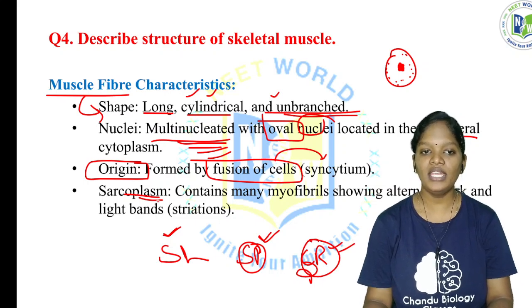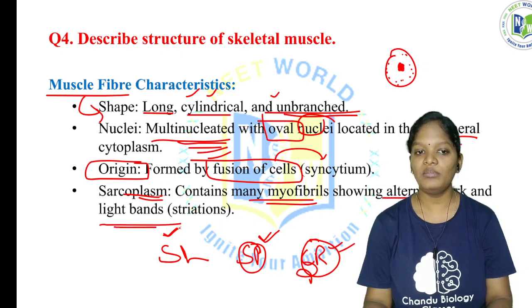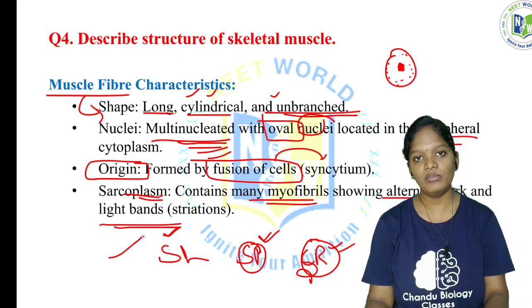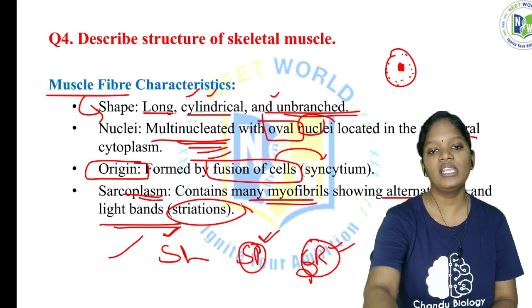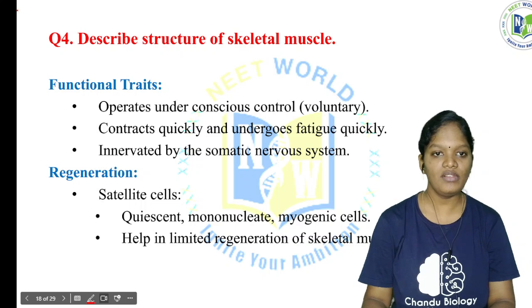The sarcoplasm contains many myofibrils showing alternate dark and light bands. So the dark band is present, the light band is also present, and it looks like a partition or a septum. We technically call these striations. Okay, so functional traits. What will be the functional trait?